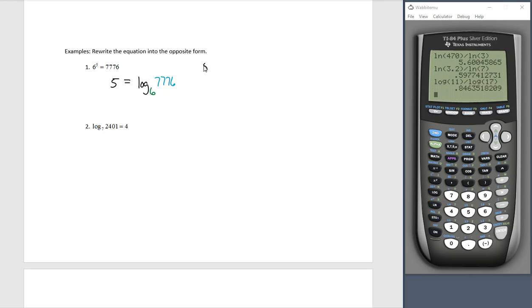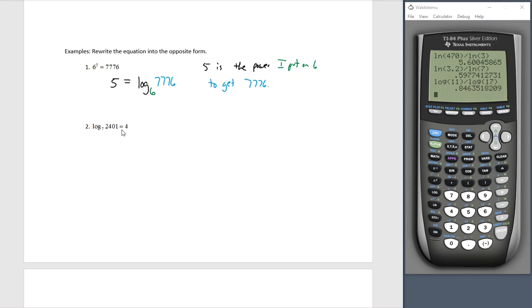So the words are 5 is the power, or exponent if you prefer, I put on 6 to get 7,776. All right, so that's exactly how it translates.